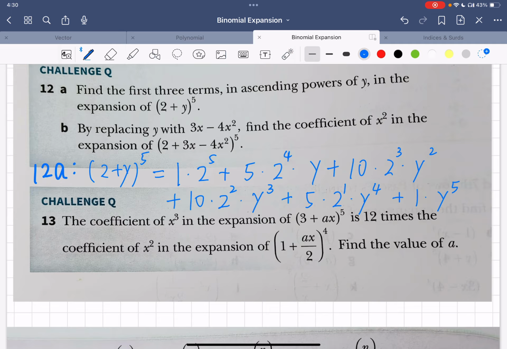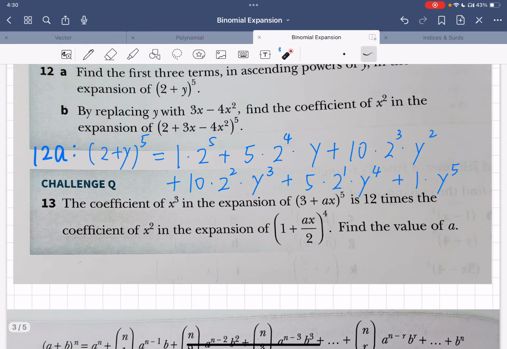Okay, and then we've got another question here, which is question B. But before discussing that, have you found a trend or pattern here? For each term, the sum of the two powers has to be equal to 5.